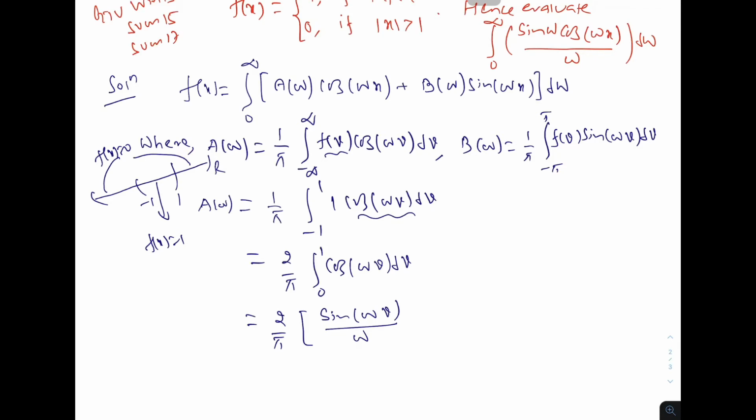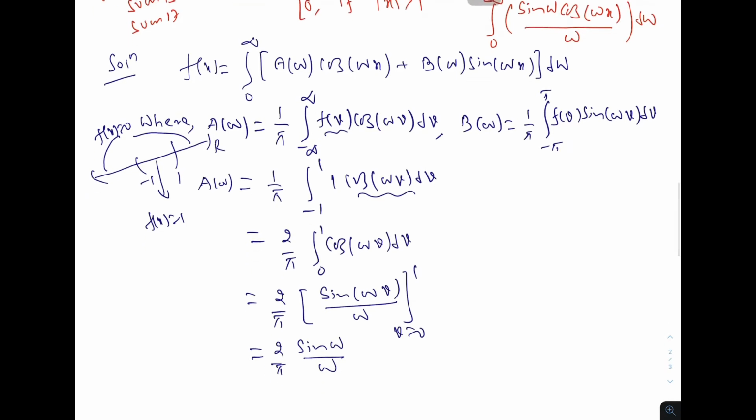So we need to divide by the differentiation of omega v with respect to v, and this v limit is 0 to 1. So this is equal to 2 by pi, sine omega upon omega, because when v equals 1 and when v equals 0, sine 0 is 0.